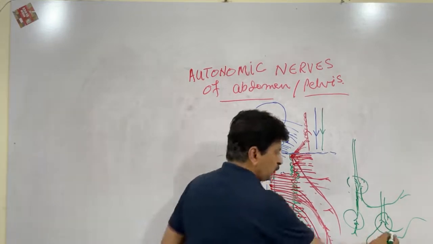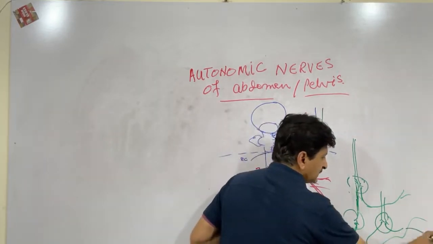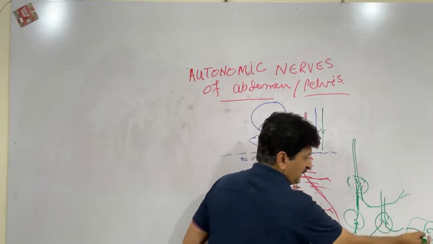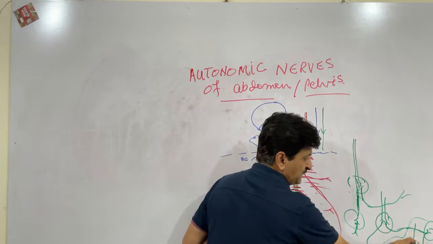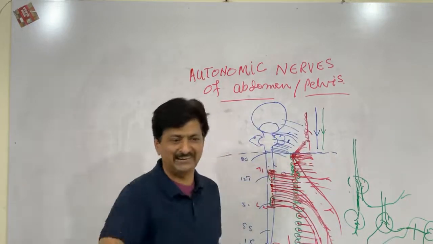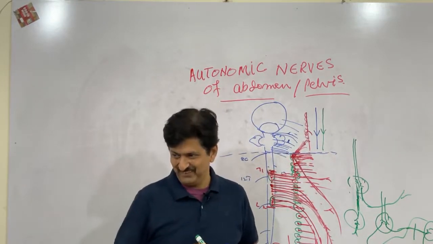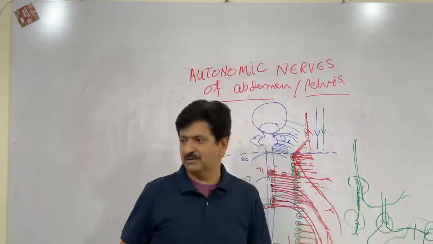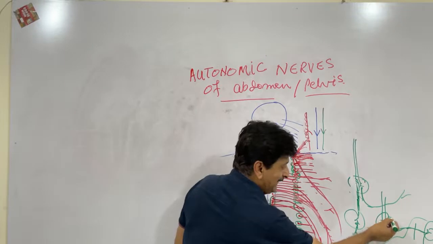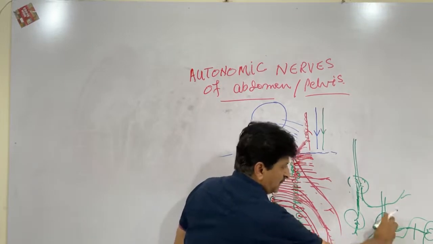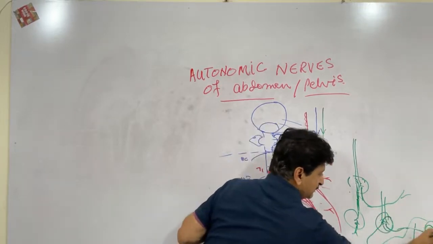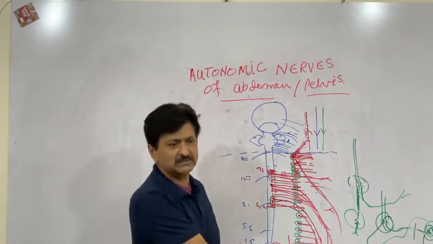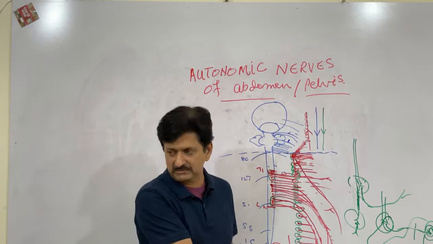You say, sir, if they are going to the suprarenal gland, and this is my suprarenal gland, for example, this will be postganglionic or this will be postganglionic. That means this is preganglionic, from here is post, then there will be the post. So why not I take the piece of my celiac, detach it and position it in the center of the medulla, just like my inferior mesenteric plexus.